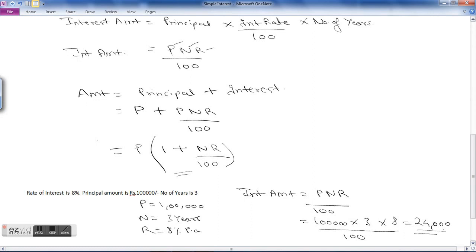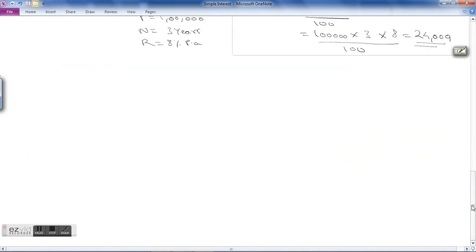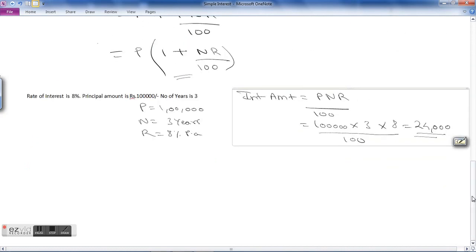Now let's calculate the amount which will be received at the end of the 3 years using the formula. The amount will be the principal amount plus your interest, so that comes to 1,24,000. Now let's see if we get the same amount using this formula for amount.